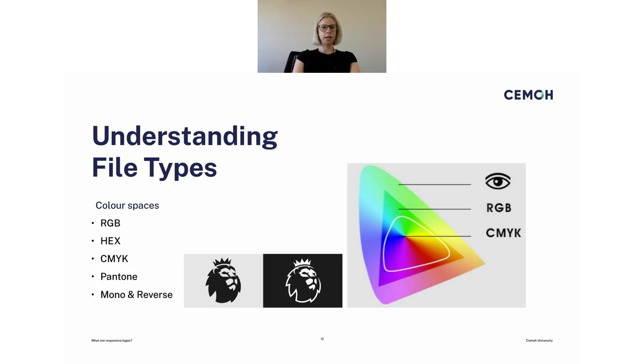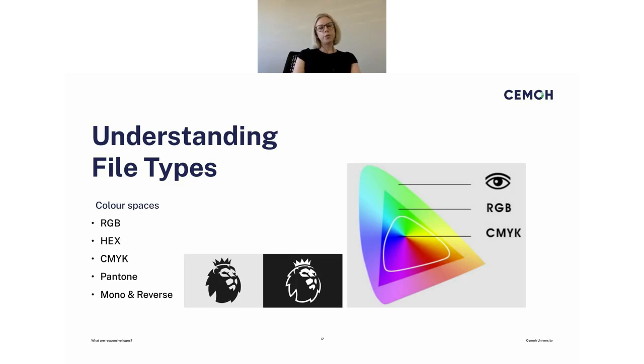So RGB is how we build out colours on screen. Hex is actually a smaller subset of RGB colour space, and technically it's built on an 8-bit RGB encoding, but you just need to understand that RGB and hex are both on-screen colours.